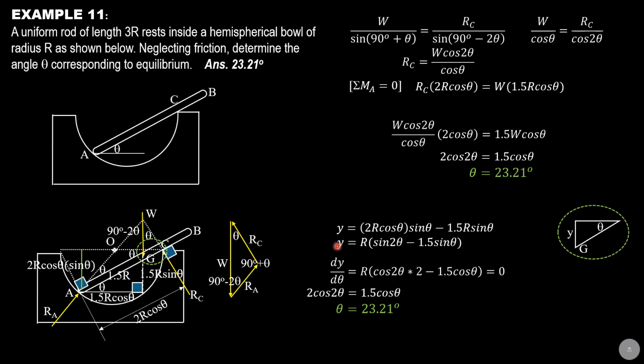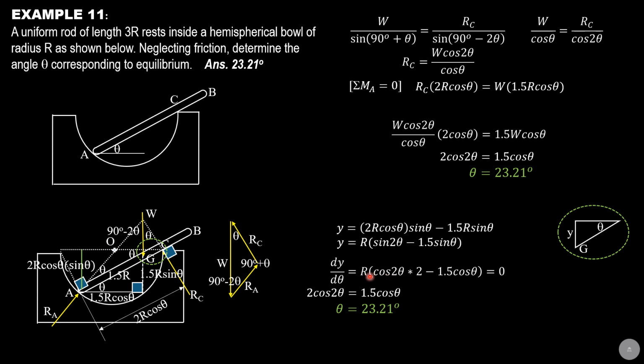Differentiating, maximizing y with respect to theta, then equate to 0. We have r copy, derivative of sine 2 theta is cosine 2 theta times the derivative of 2 theta, which is 2 with respect to theta, of course, then minus 1.5 constant times the derivative of sine theta, cosine theta, then equate to 0.